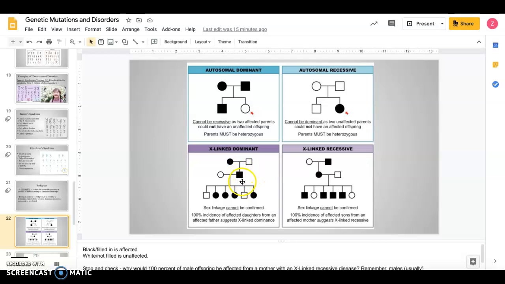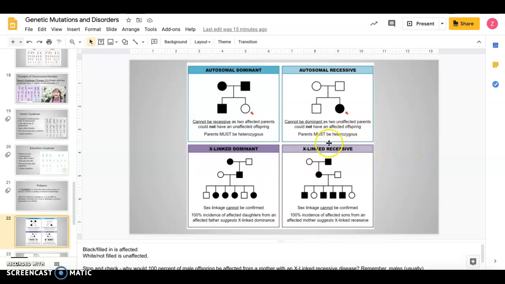Her son is too, and the son reproduces, and we see that only the daughters are affected. So 100% of incidents of affected daughters from an affected father suggests X-linked dominance, but sex linkage cannot be confirmed.